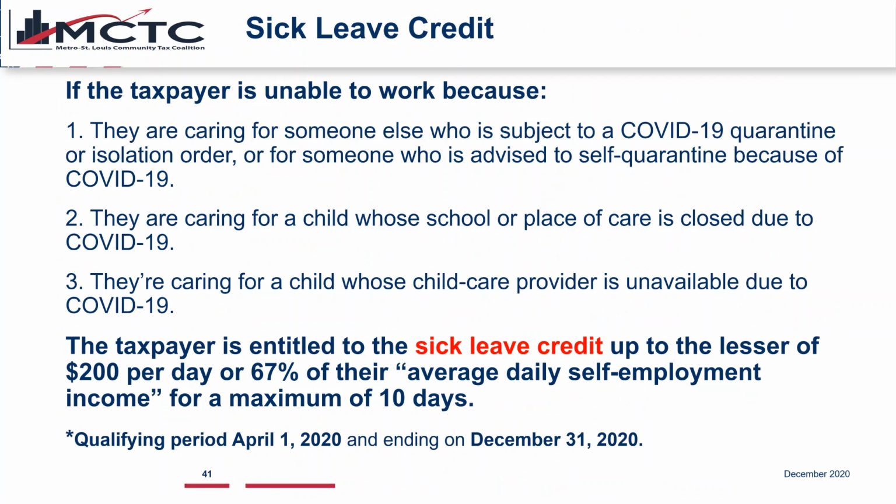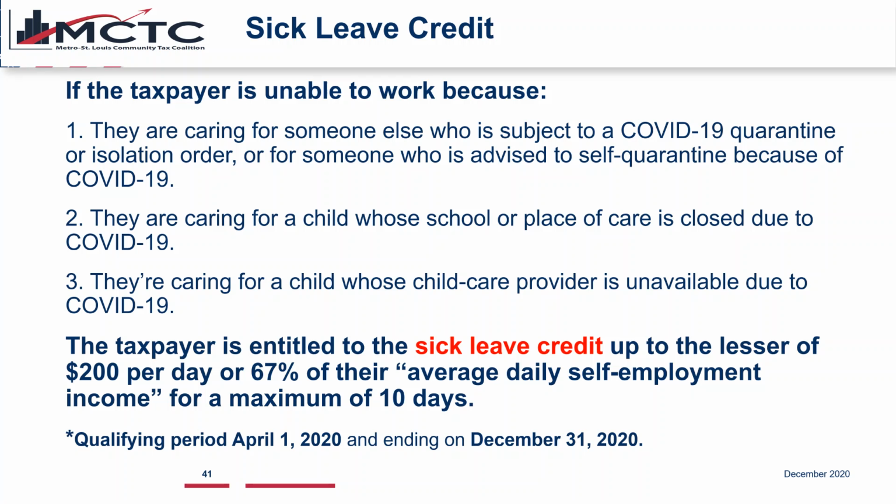Again, I'm not going to go through the details of this. In this slide, there's a sick leave credit. Again, you have to have caught COVID, or be caring for someone who has it. So this is a sick leave situation. So this is a family member who caught COVID, and how you might be eligible for a credit.